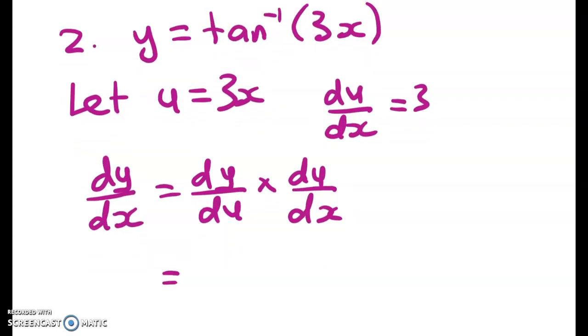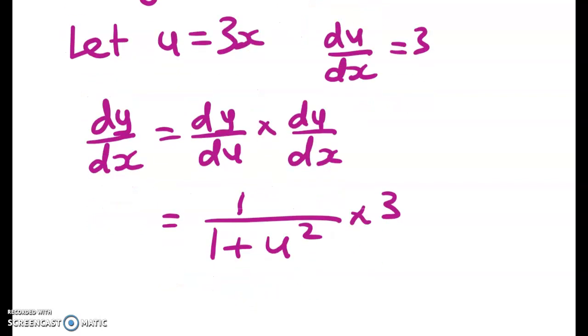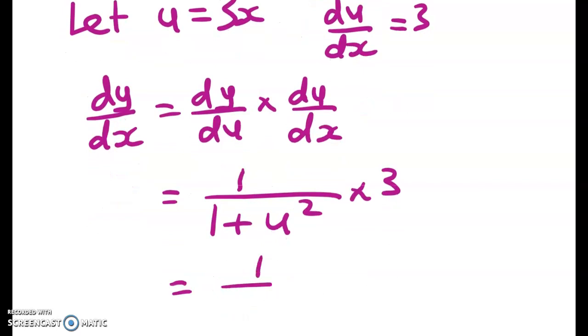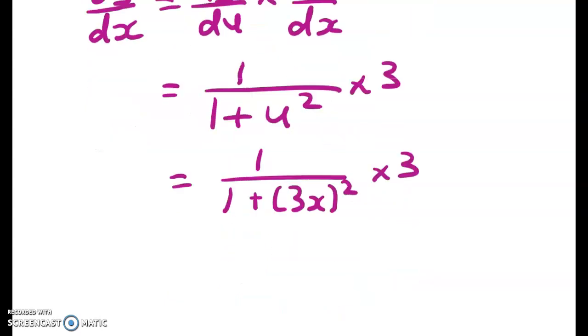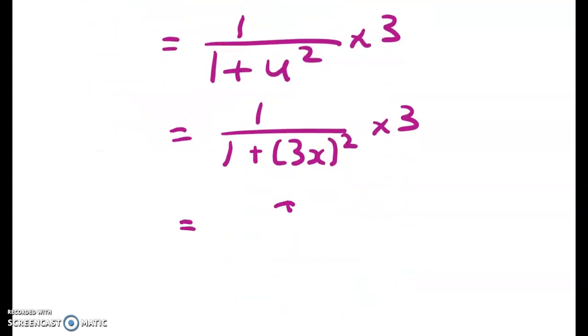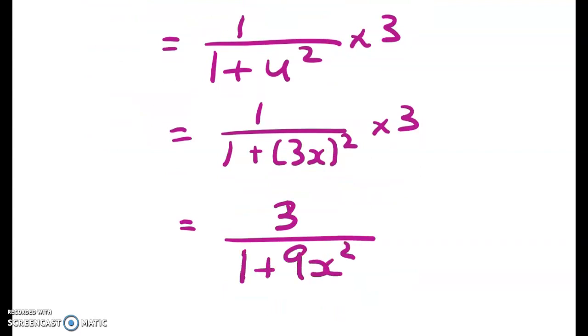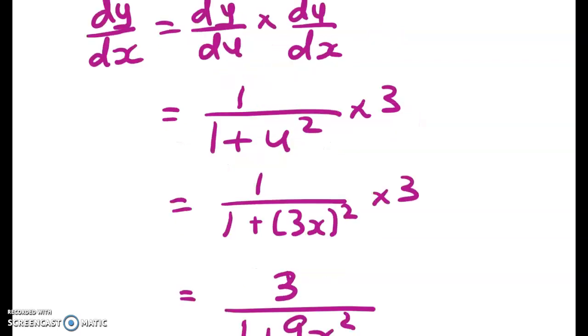And so dy by du here will be 1 over 1 plus u squared, times 3. Substituting back in, we get 1 over 1 plus 3x squared, times 3, which gives us 3 over 1 plus 9x squared.